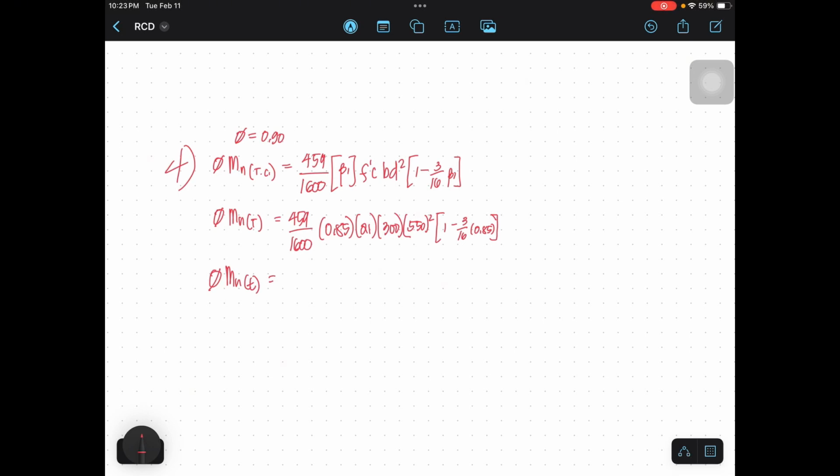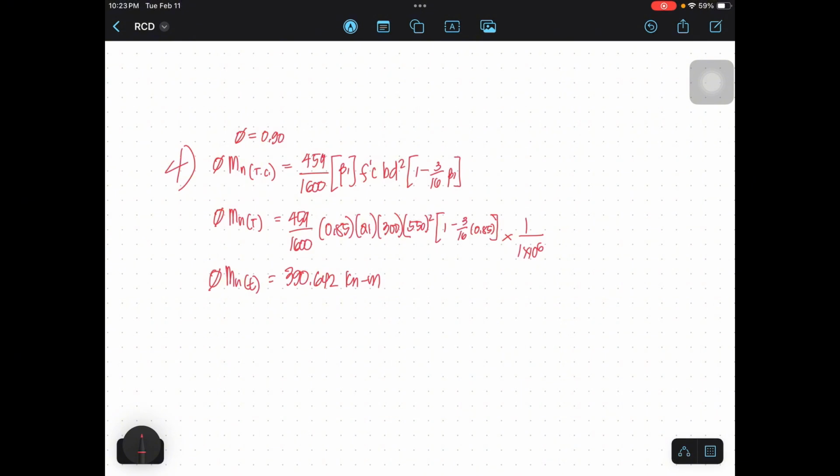So for simplicity, convert na natin ng 1 times 10 raised to 6, divide 1 million, para maging siyang kilonewton meter. We have 390.642 kilonewton meter. Okay, so i-compare natin siya versus sa Mu.